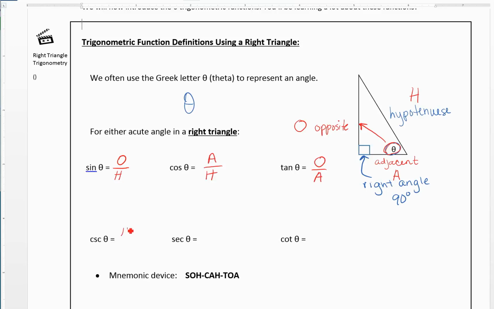Cosecant is hypotenuse over opposite. Secant is hypotenuse over adjacent. And cotangent is adjacent over opposite. So you see, for these three sides, if you pick two of them, there's 6 possibilities of how you divide them. And this gives a definition for all 6.